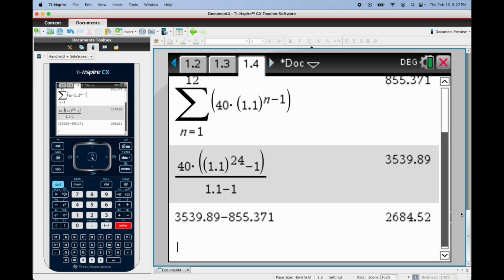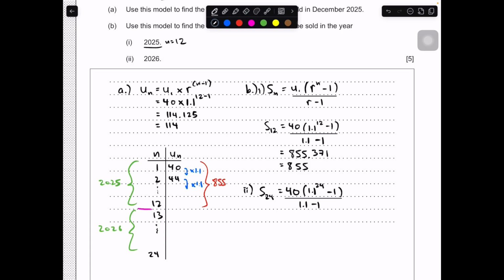So let's go back to the document and write this out. So what can we say?